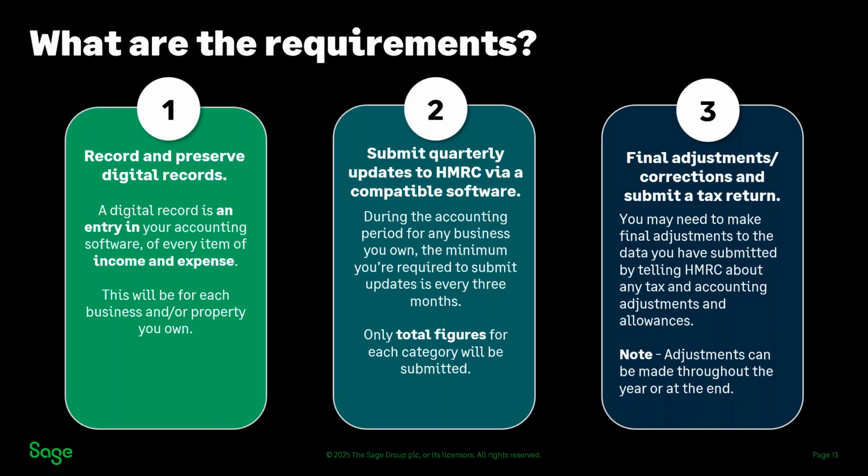Secondly, the quarterly updates. So these updates are just going to be the totals for each category, which if you have entered into the transactions in the software already, they will be calculated and added together for you. So you're not actually sending HMRC transactional data.